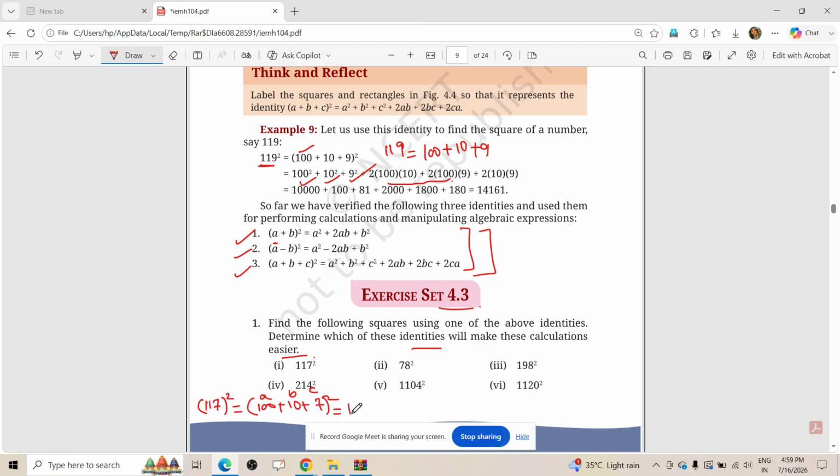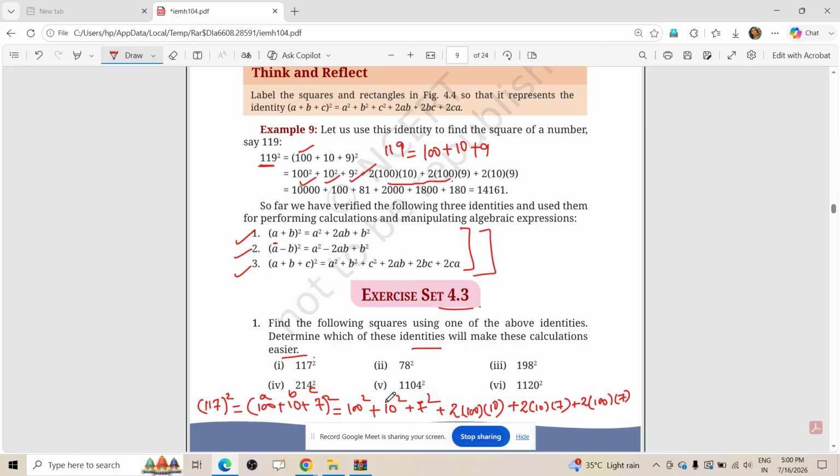So a squared is 100 squared, b squared is 10 squared, c squared is 7 squared, plus 2ab, that is 2 into 100 into 10, plus 2bc, b is 10 and c is 7, and the last one is 2ac, a is 100 and c is 7, right?